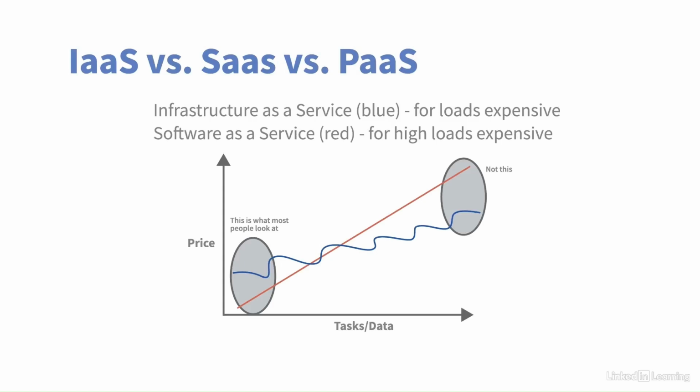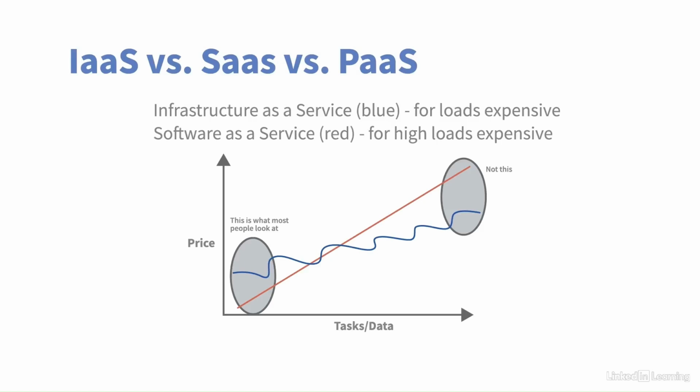As you can see, in the beginning the infrastructure as a service is going to have overhead and be more expensive, and the software as a service one is going to be cheaper. That's why people always say infrastructure as a service is super expensive. In the beginning, yes.